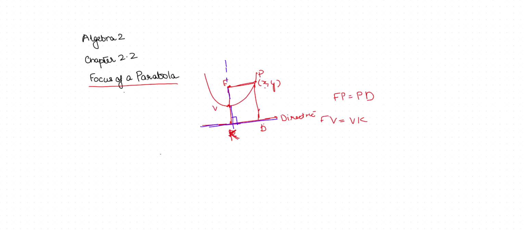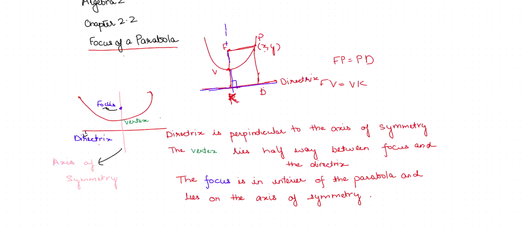Meantime, I'll just write the summary here. So we can see this is the focus. This is the vertex, which is halfway between the directrix and the focus. This is the axis of symmetry. The directrix is perpendicular to the axis of symmetry, and the focus lies on the axis of symmetry, and any point x, y has the same distance.